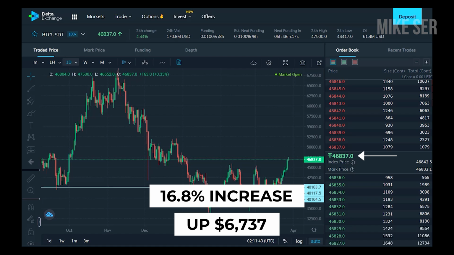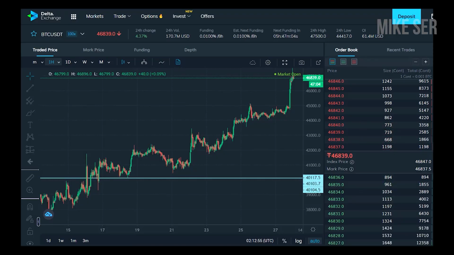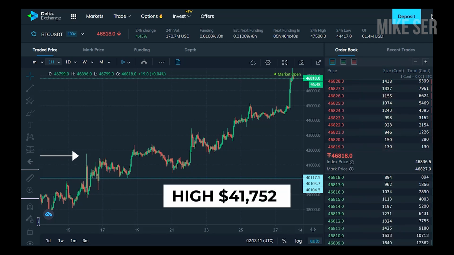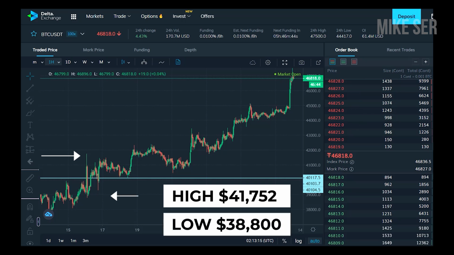Not too bad. But in this case, if we take a closer look at a shorter time frame chart, the Bitcoin price did not go straight up, and in fact, we had actually gotten stopped out 2 times on our trades before it worked out. Now the first time, the price shot up as high as $41,752 before falling back to as low as $38,800.